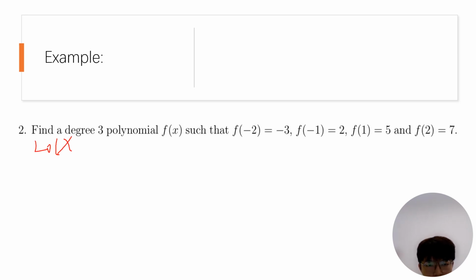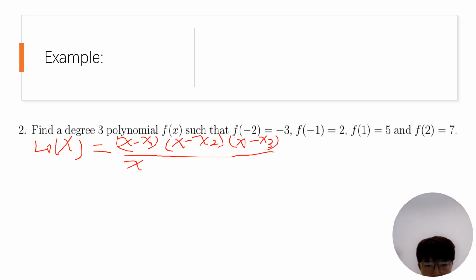L0 is (x minus x1)(x minus x2)(x minus x3) over (x0 minus x1)(x0 minus x2)(x0 minus x3). I'm not going to do it here, so I go with the final result.